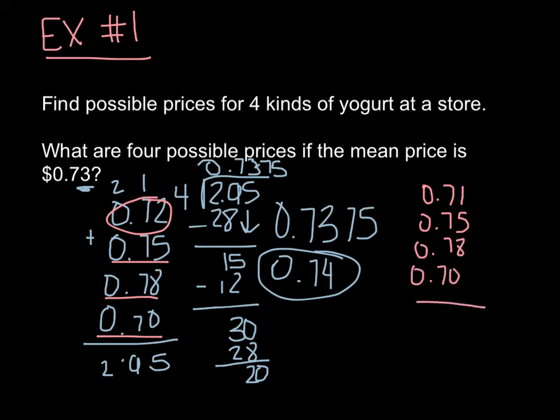And of course, we add them all up again, bring the decimal straight down. And we get $2.94 this time. So let's go ahead and try dividing that by 4 because we have 4 numbers. Bring the decimal straight up.